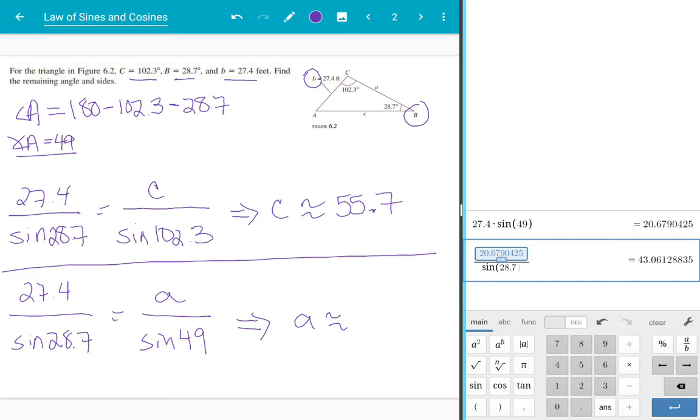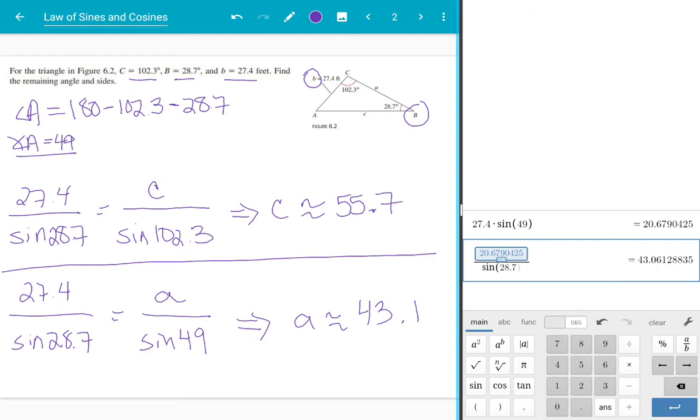And we get approximately 43.0, because we round to the nearest tenth, and the tenth is going to go up because you have to look at the following decimal place.